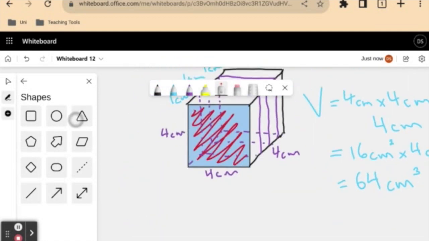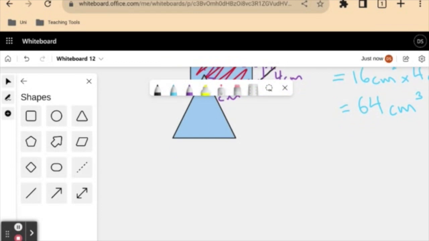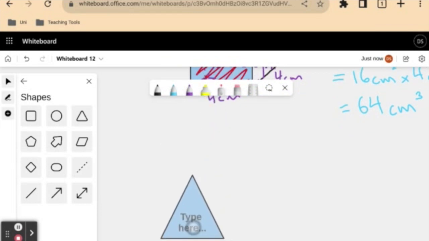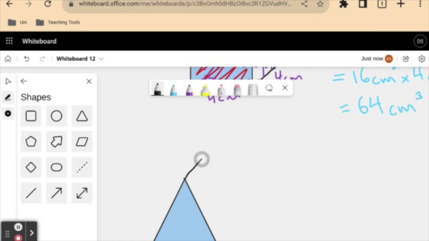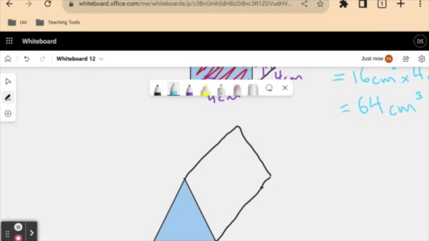Say we have a triangular prism. It has these straight edges, again, similar to our cube.